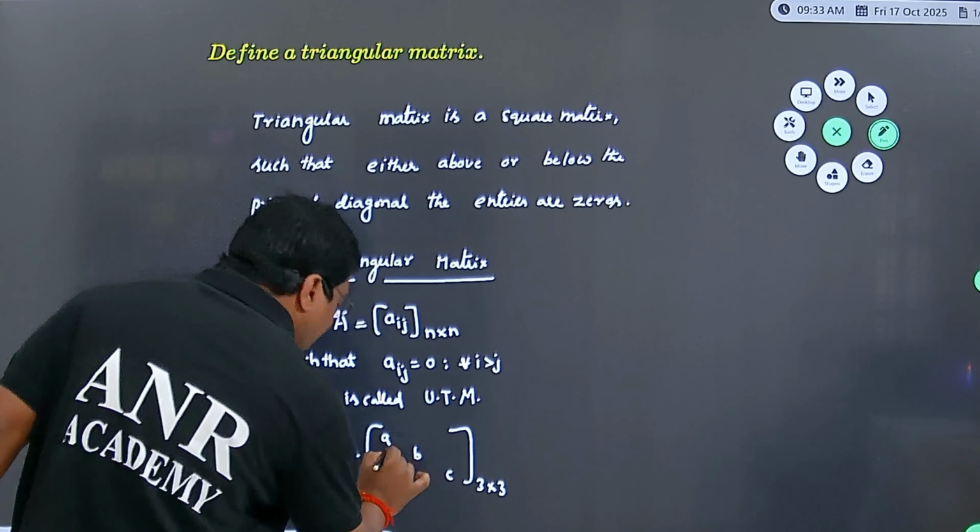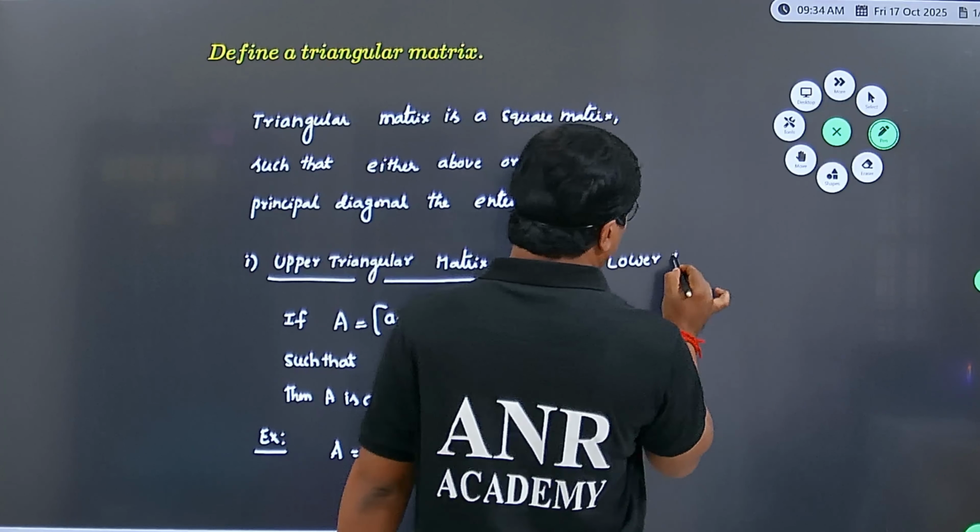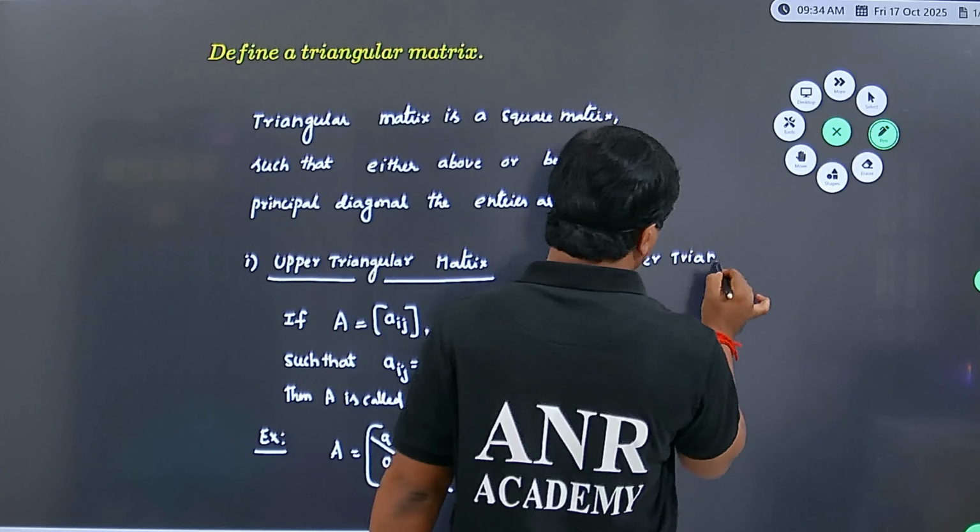Next, second one, lower triangular matrix. Lower triangular matrix in which above the principal diagonal the entries are zeros. That is, you can write the definition.